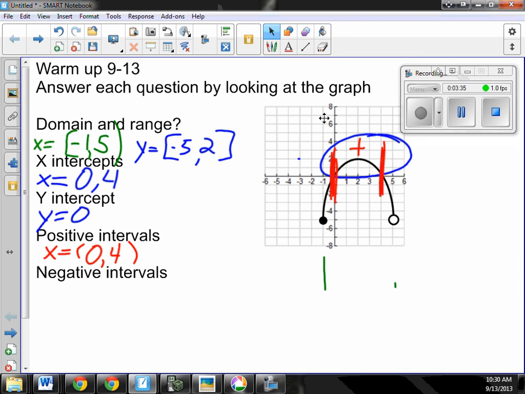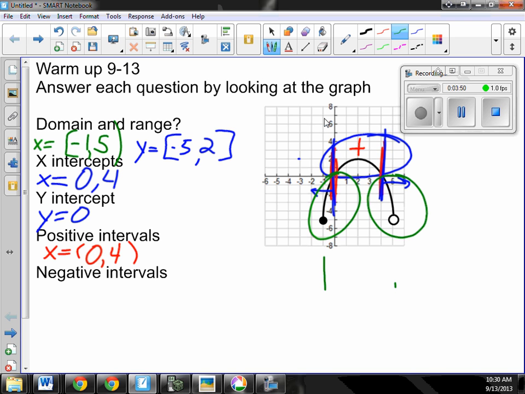Negative intervals are going to be outside of this mark. So this portion of the graph here is negative. It's below the x-axis. And this portion of the graph is negative because it's below the x-axis. So the negative portions are actually two separate intervals. So we're going to have two answers for the negative version.